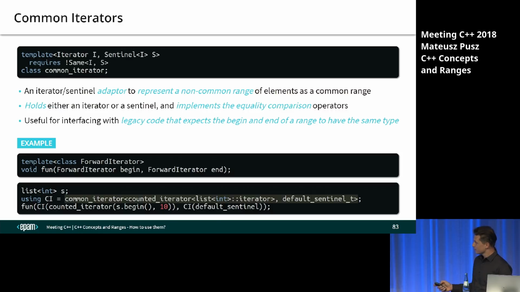So for those, having our list, we can create a common iterator type for counted iterator on the list iterator, and default Sentinel. So having those two different types, we can have one type produced by this common iterator. So we create here our functor, and we construct this common type from counted iterator and from default Sentinel, and it will work fine for begin and end.